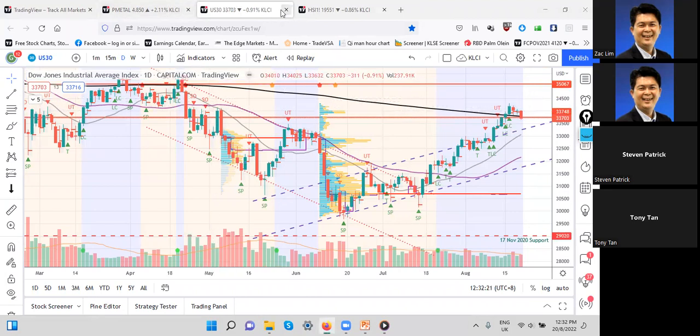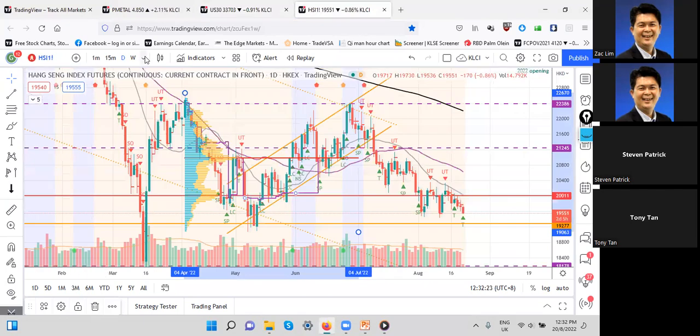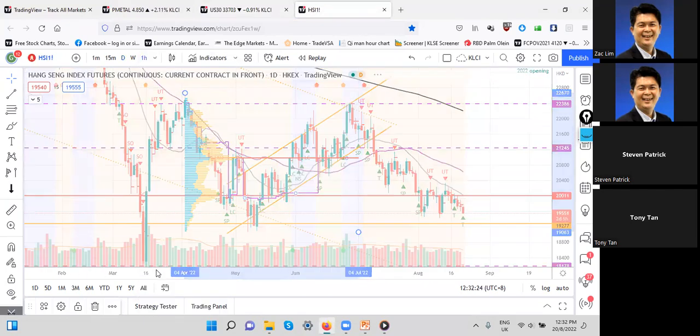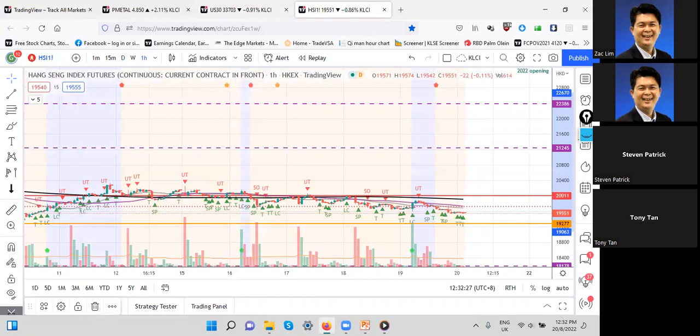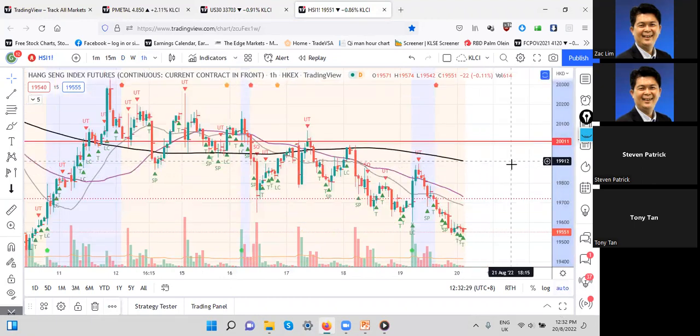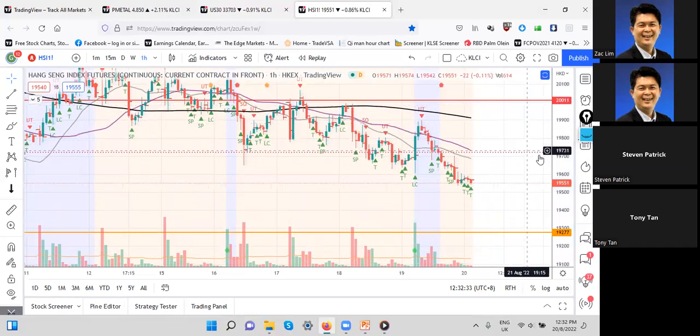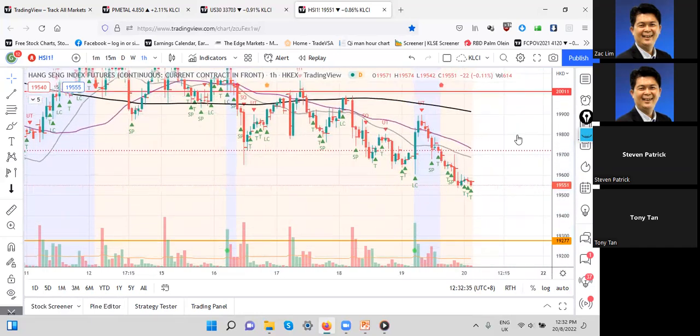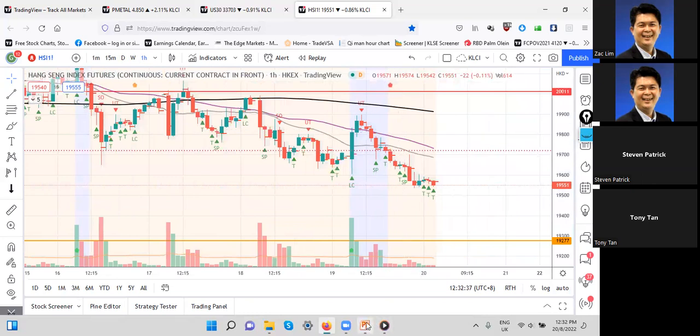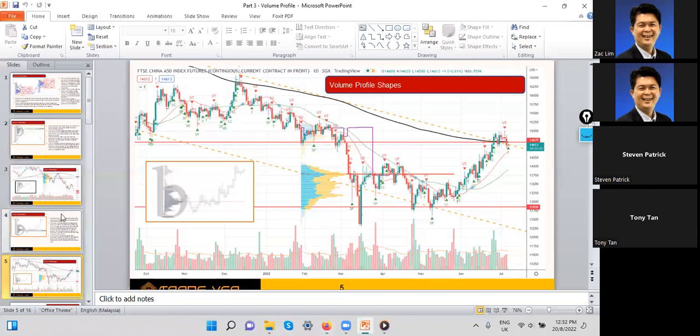Like this Hang Seng Index. When we shift to the hourly chart, you can see a lot of weakness coming in. So I go back to this slide, the weakness.